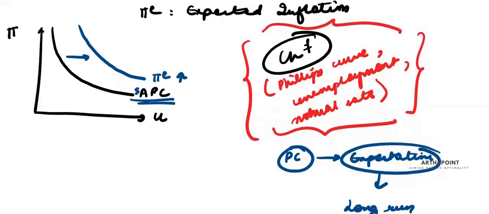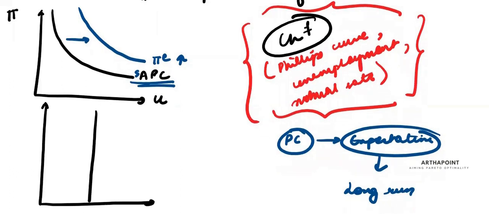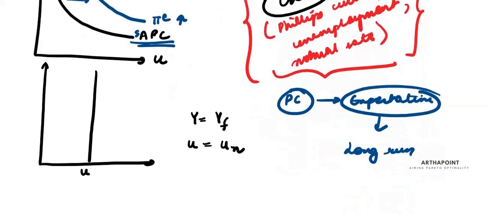In the long run, you will be producing output at the full employment level, so your unemployment will be at the natural level of unemployment. This would be your UN, and this is your long run Phillips curve.